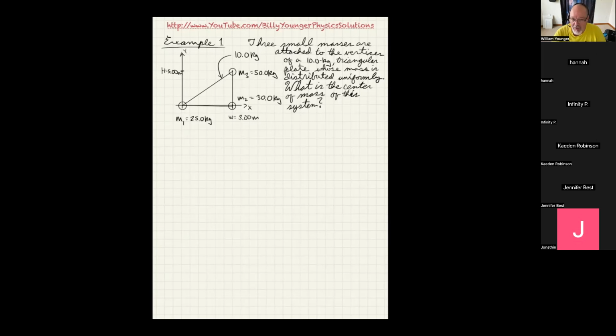In this case, the way this triangle is set up, you're going to move from the origin to the right, and you can see it's getting wider and wider. When you're doing that, the center of mass will be 2/3 of the way from the narrow part, which is at the origin, to the fat part, which is at the 3-meter mark. So our x center of mass is going to be 2/3 of the 3 meters. That'll be 2 meters.